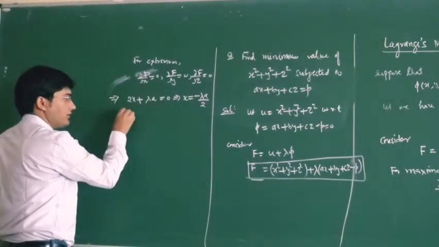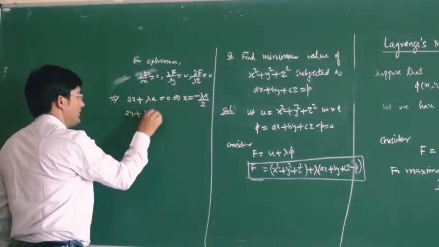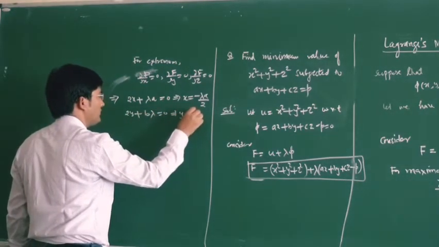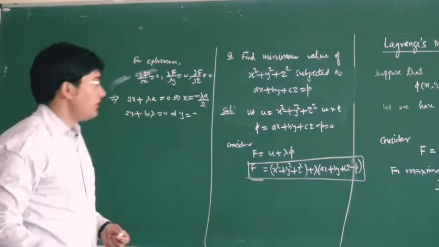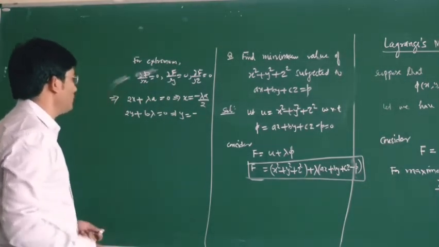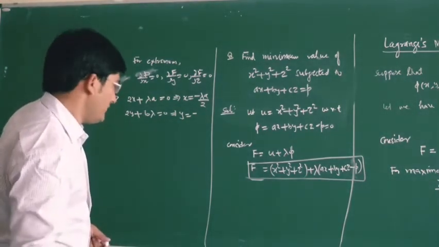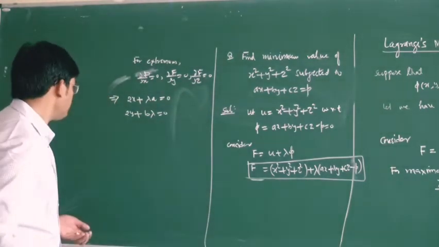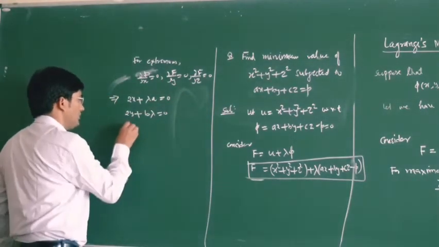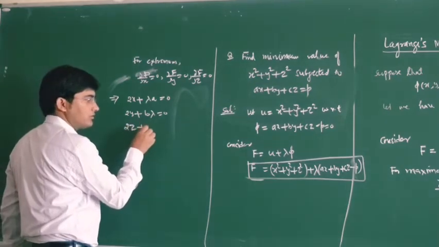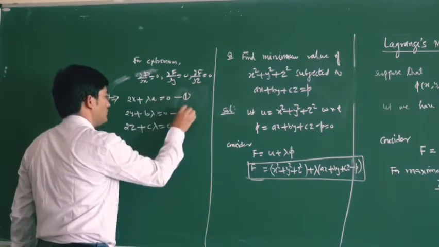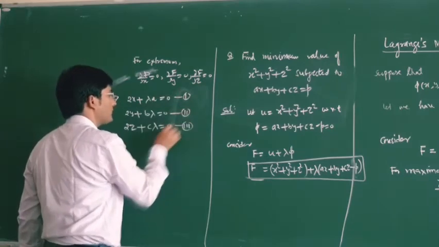Then we will have 2y plus b lambda equal to 0. There is no need to find out this x and y. Then the third condition will be 2z plus c times lambda equal to 0. Say this is equation number 1, this one is 2, and this is your third.